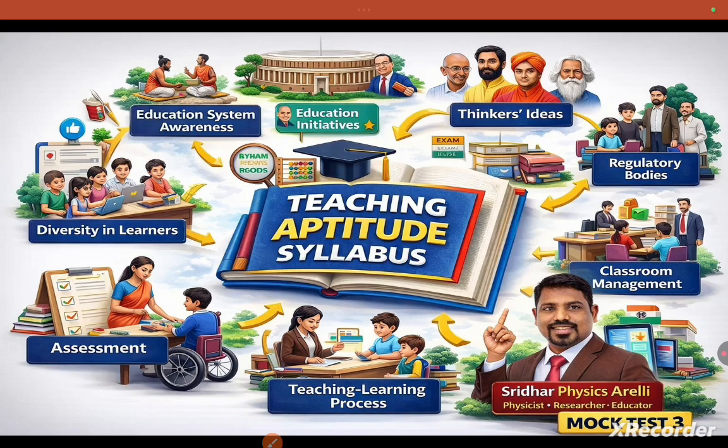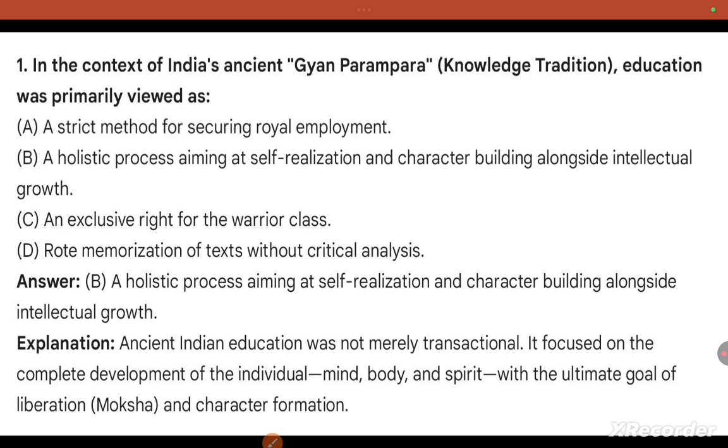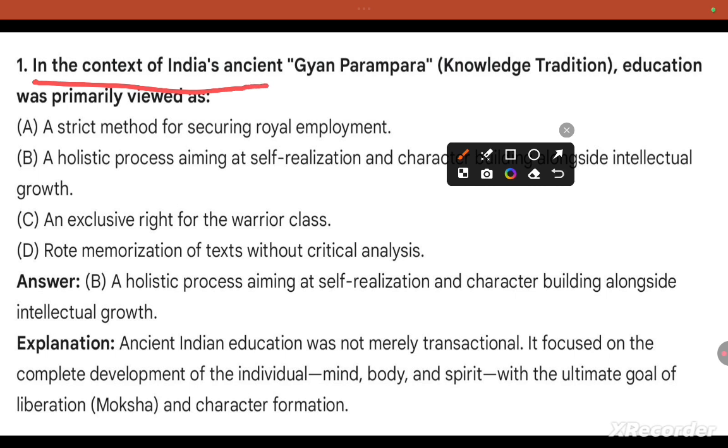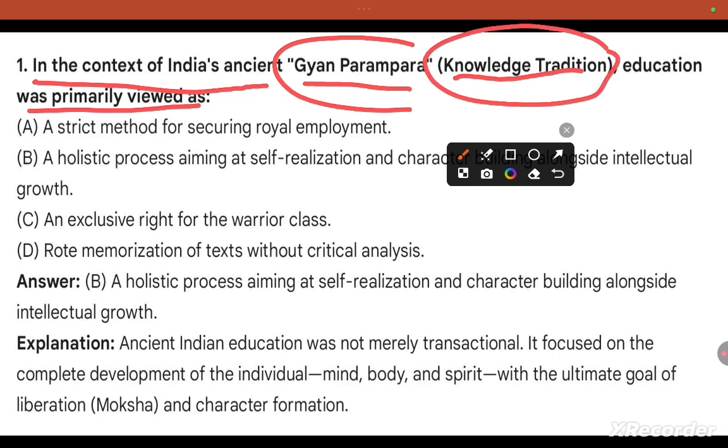Thank you. So here is the first question of mock test 3. In the context of India's ancient Gyan Parampara, which means knowledge tradition, education was primarily viewed as what? What is the primary perspective of this Gyan Parampara?